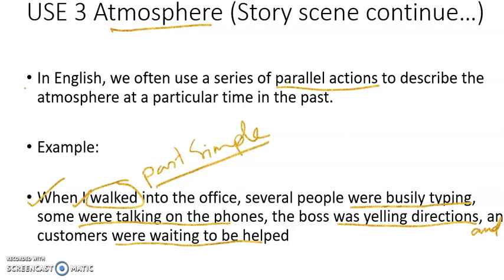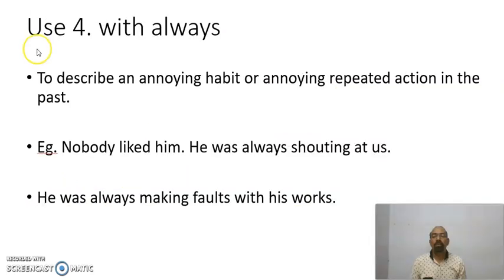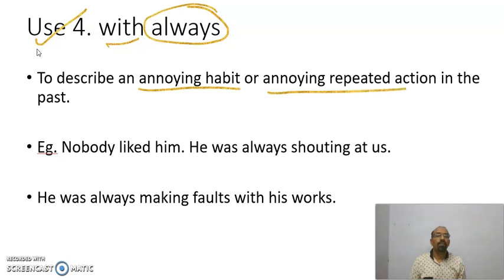This is another use of the past continuous tense. Use it with always to describe an annoying habit or annoying repeated action in the past. Example: Nobody liked him. He was always shouting at us.